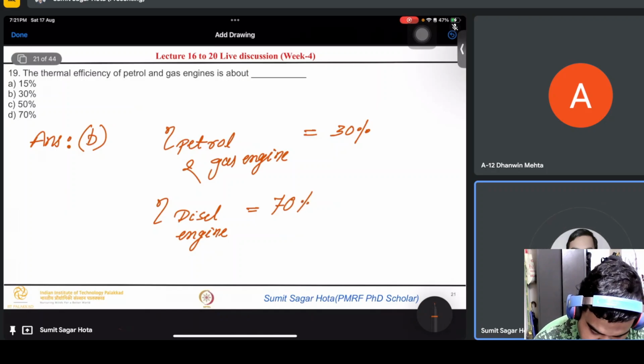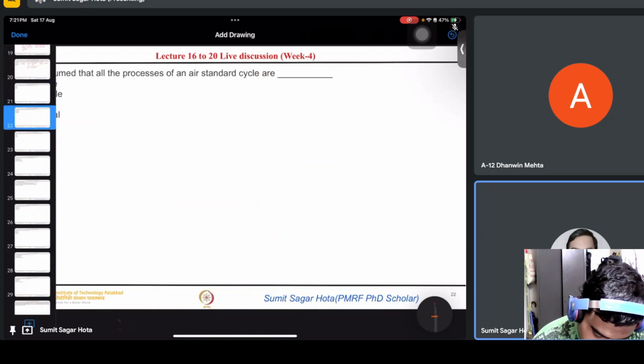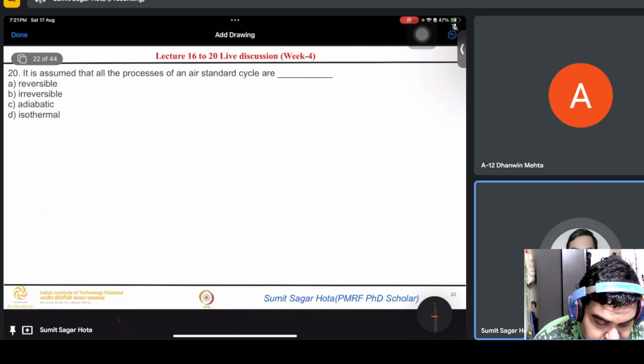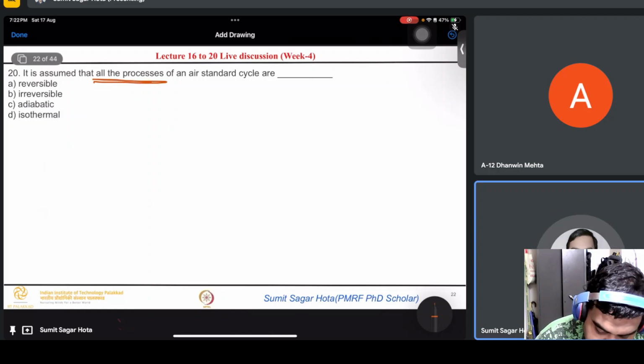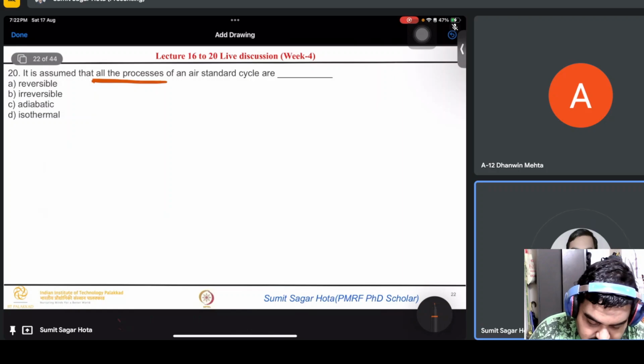It is assumed that all the processes of an air standard cycle are what? Obviously, you see the most common assumptions. They are saying all the processes. Processes cannot be a single quantity like adiabatic or isothermal. Processes means something going on from the starting to the end, or from the inlet to the outlet.